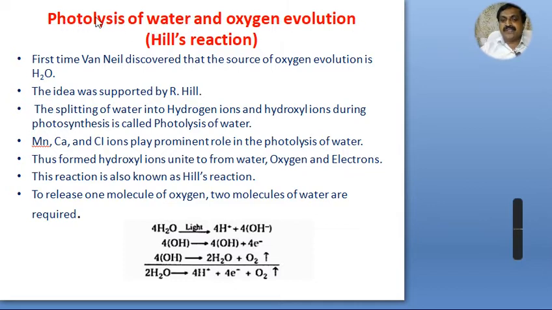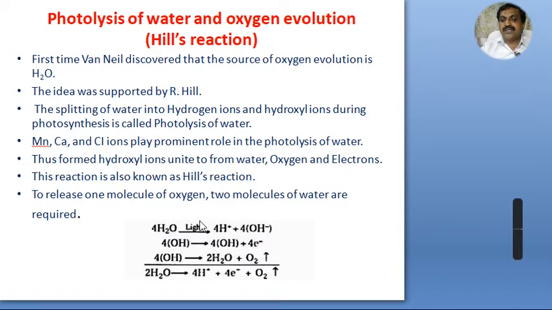The name itself indicates that photo means light, lysis means breakdown of water. The water is broken down, that is lysis, into H plus ions and OH minus ions, hydrogen ions and hydroxyl ions, in presence of light energy. This is called photolysis. Photo means light, lysis means breakdown.